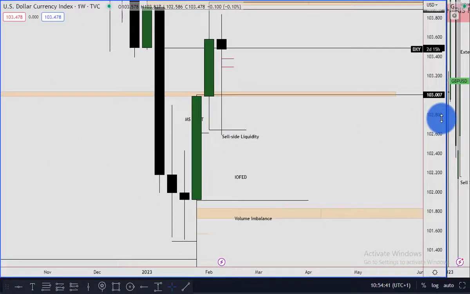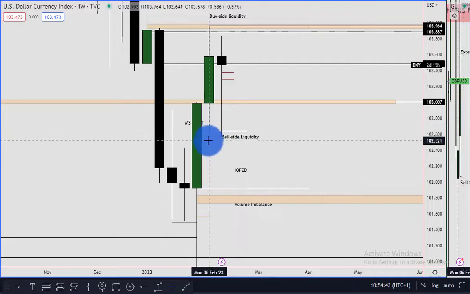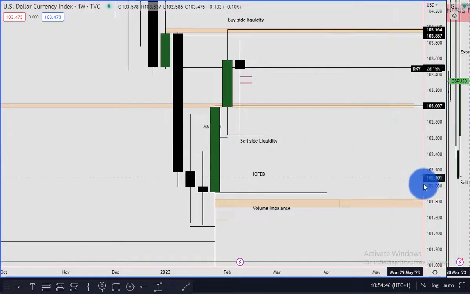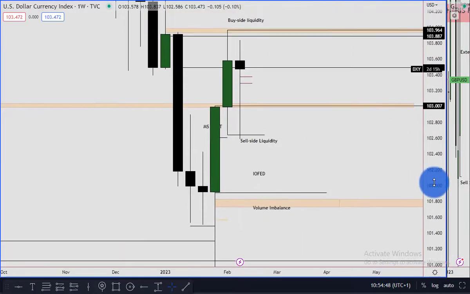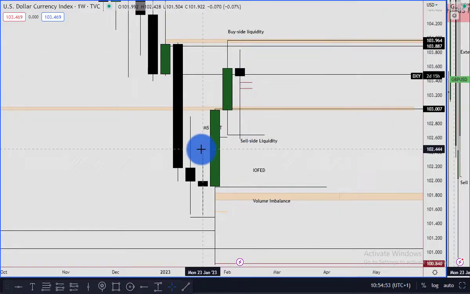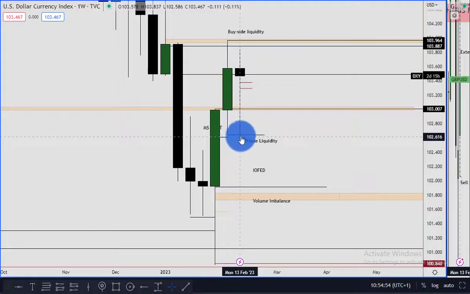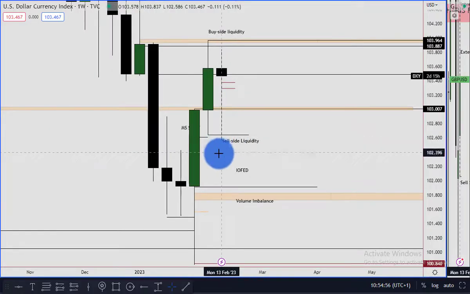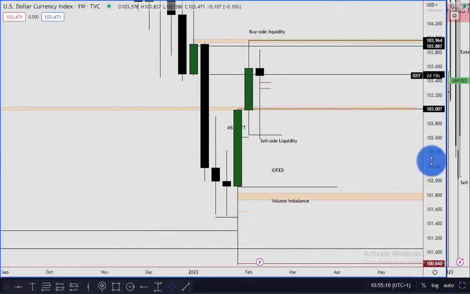Okay, so this was where we were looking at starting the week, and yesterday during the CPI news event, the CPI pushed price into that internal range liquidity after a sell side raid on the daily time frame. Okay, it was an internal liquidity grab or sell side raid into that weekly internal range liquidity, which is the fair value gap. So the dollar is currently bullish.